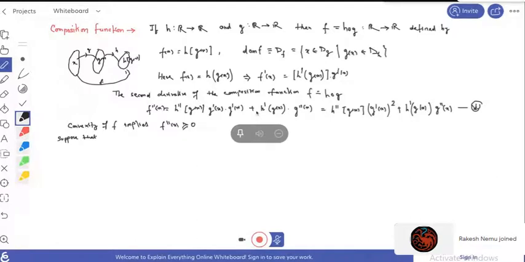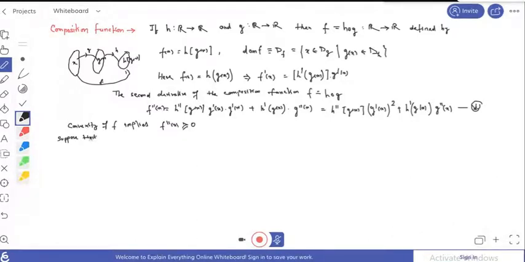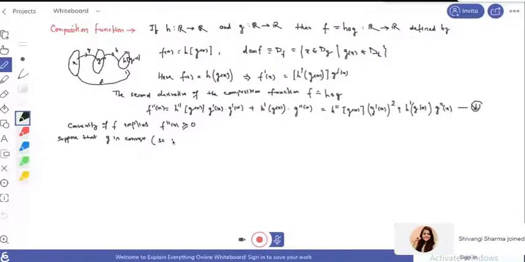Basically this function g, and g is convex. So suppose this g is convex. If we take g as a convex function, this means you have taken the second derivative of this is greater than 0.